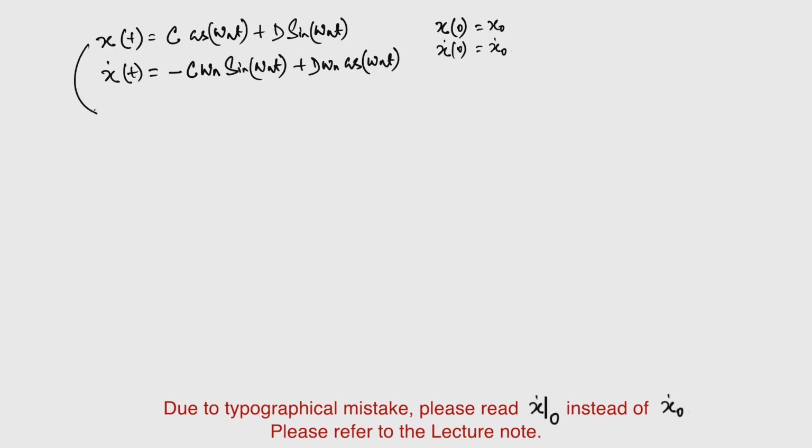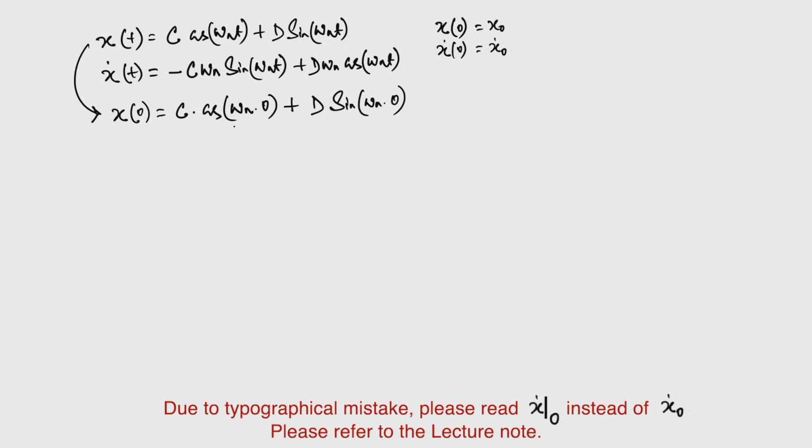For that, let us first consider x of 0, which will be equal to C times cos omega n times 0 plus D sin omega n times 0.